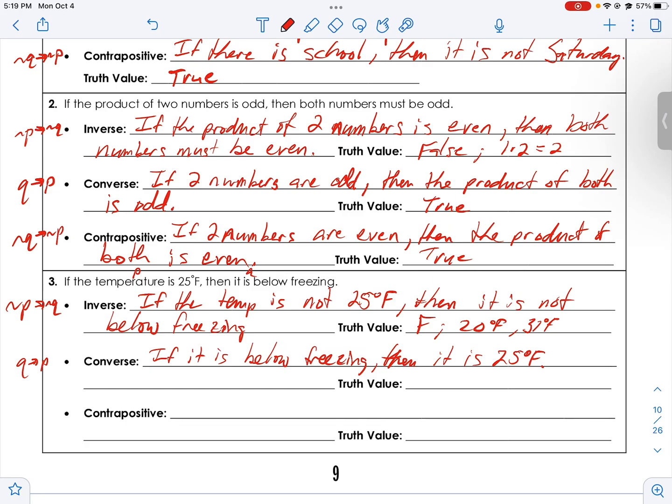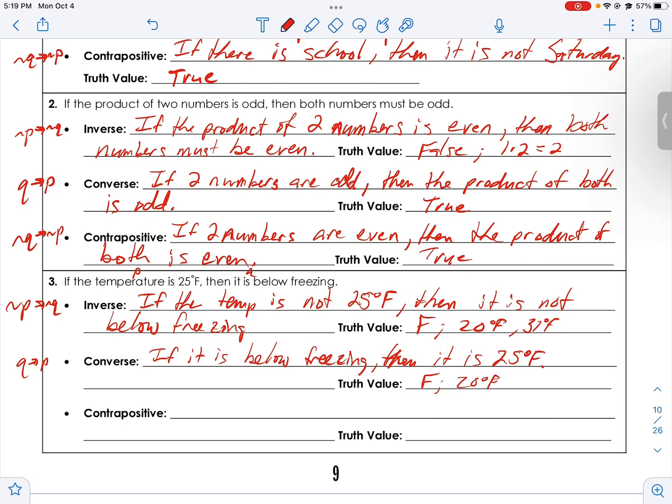Well, no, because below freezing is anywhere below 32, so that's false. Same reason, it could be 20 degrees, it could be 31, it could be 30, it could be 28, it could be 5, it could be negative 15. All of that's below freezing.